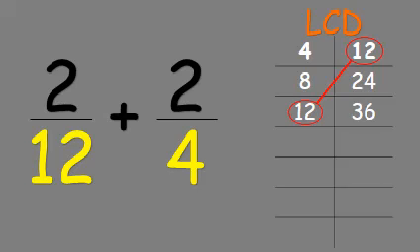Based on your LCD table, go ahead and write in, smaller than the numbers that you already have, what you will multiply to your first fraction, 2 over 12. Did you write times 1 for 12 and times 1 for 2? That is correct.